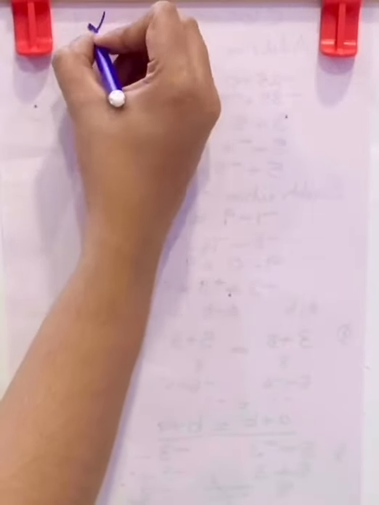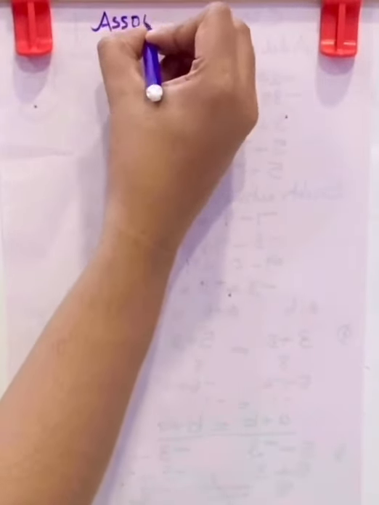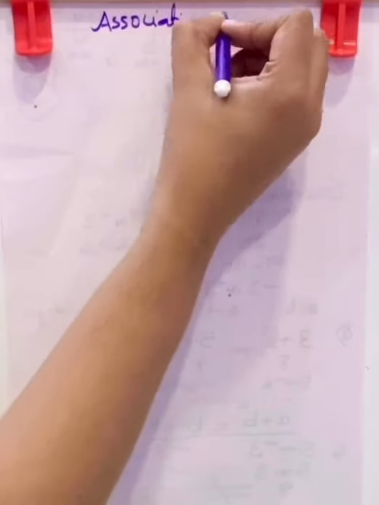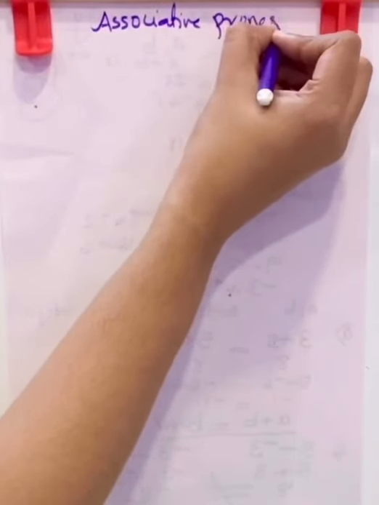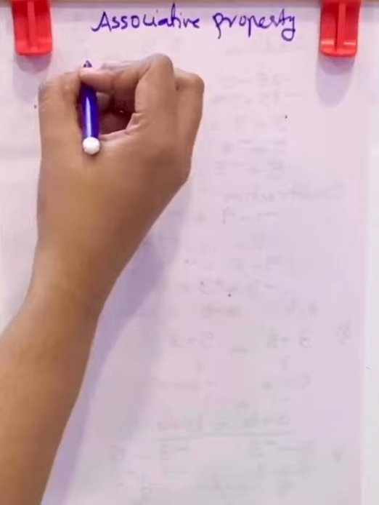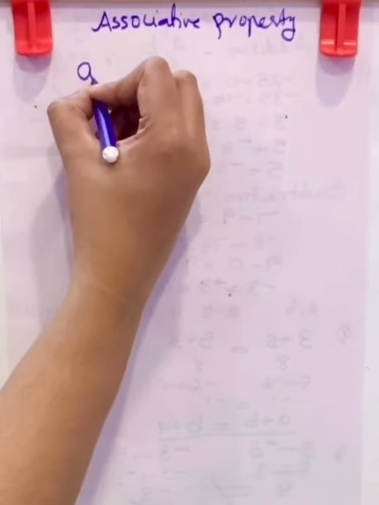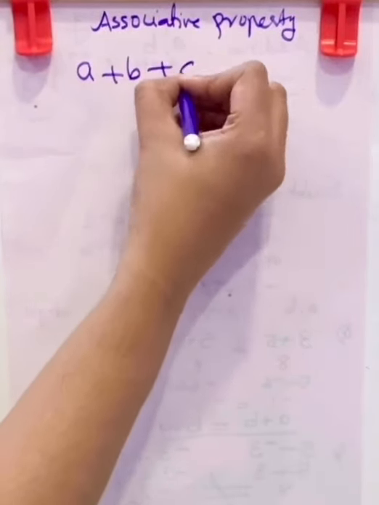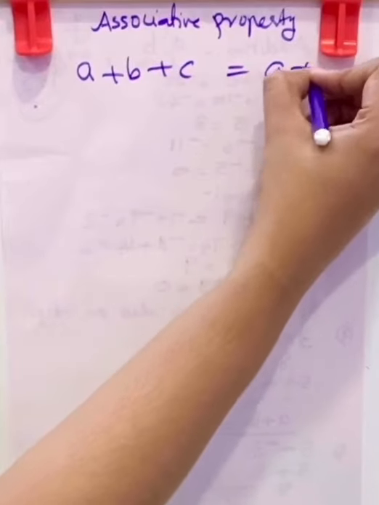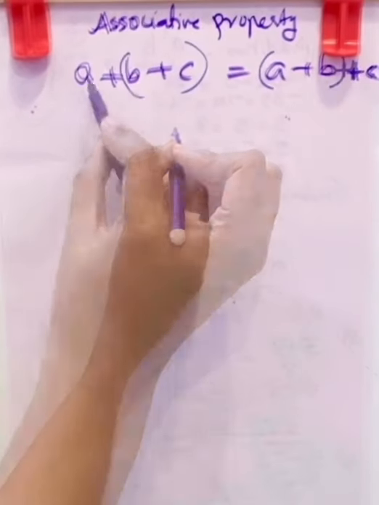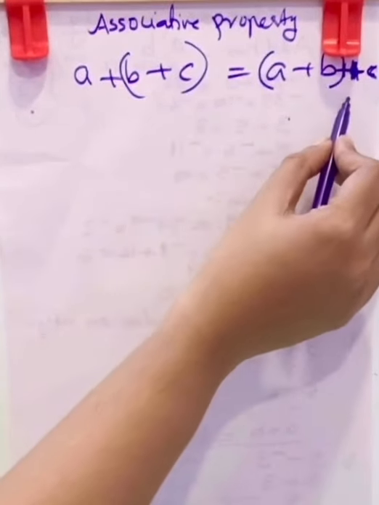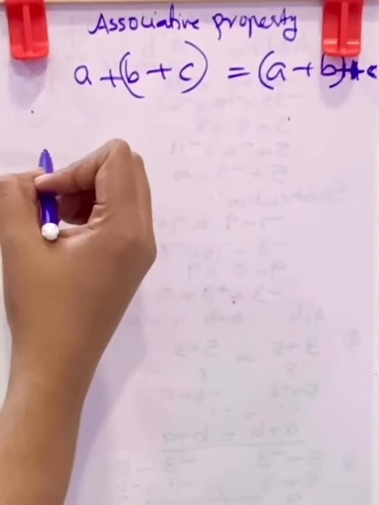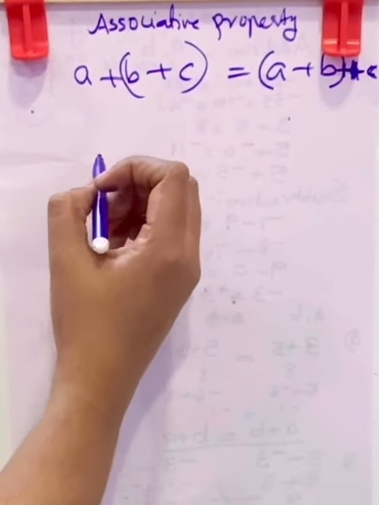Next is associative property. We want to check that a plus (b plus c) is equal to (a plus b) plus c. Let us do an example with numbers.